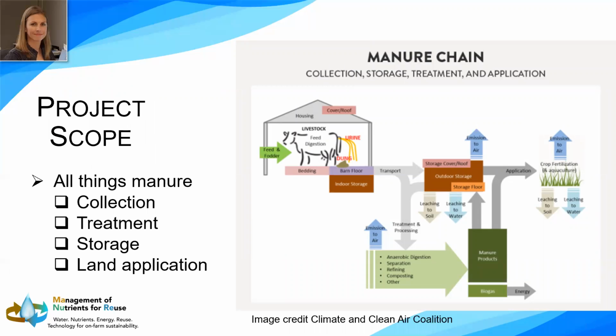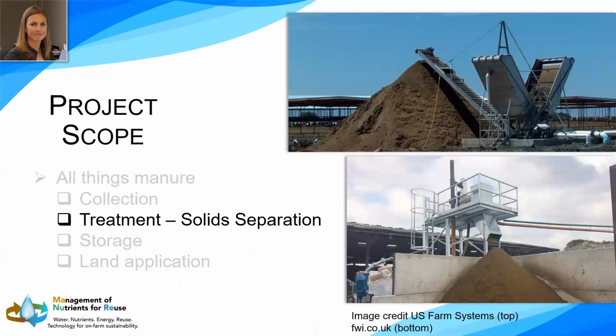For this project, we are considering all things manure, so evaluating everything from collection to treatment and storage to land application. Like I said before, for this talk, I'll focus on modeling capital costs for different solid liquid separation technologies.